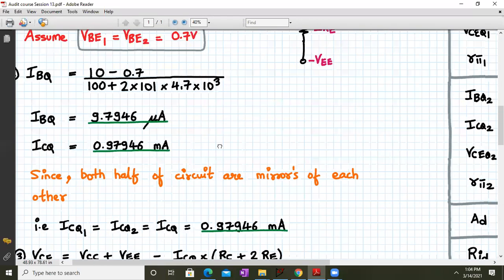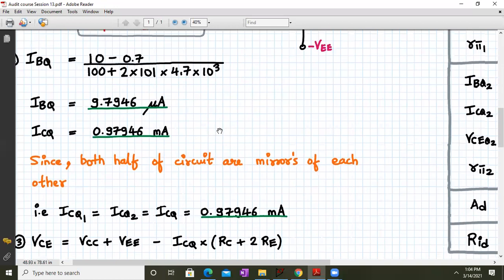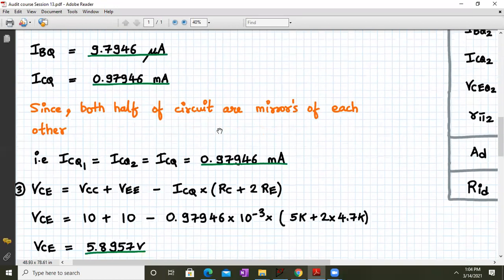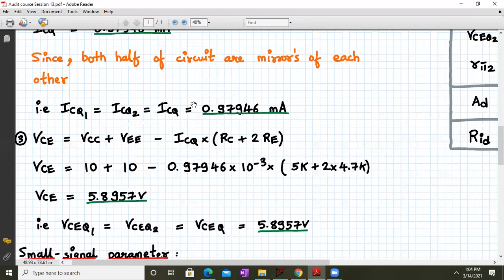Now, since both halves of the circuit are mirror images of each other, hence ICQ1 is equal to ICQ2 is equal to ICQ, which is equal to 0.97946 milliamperes. Okay. Similarly, we calculate the VCQ.